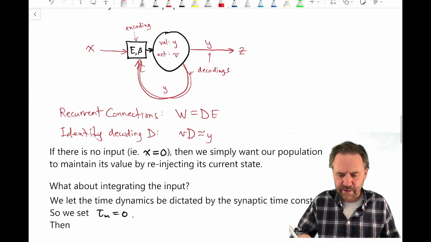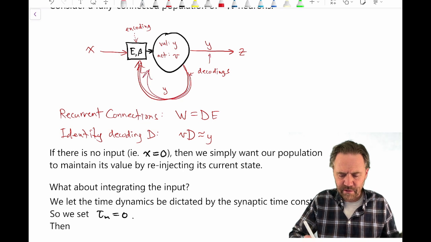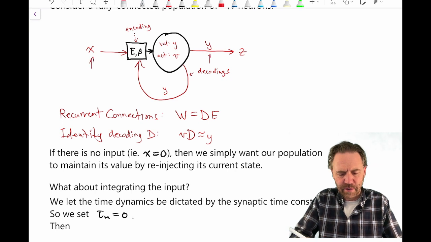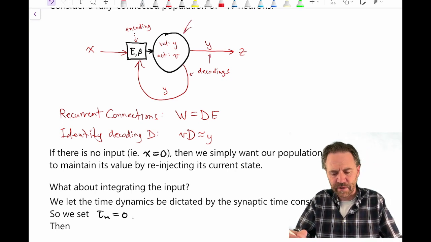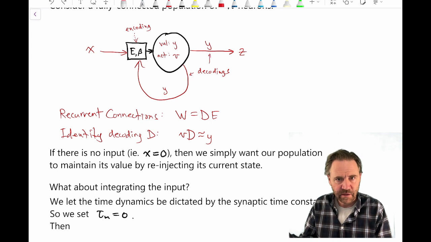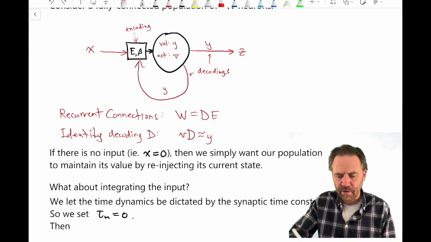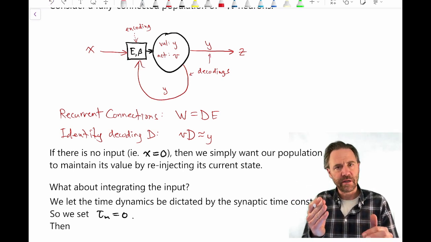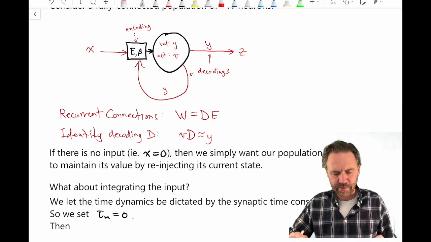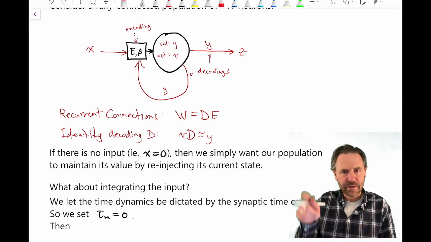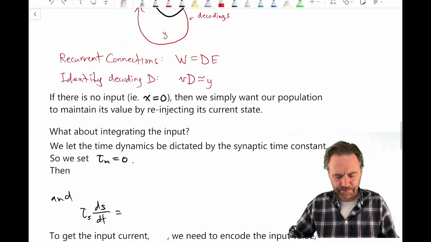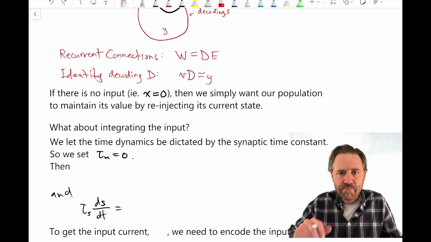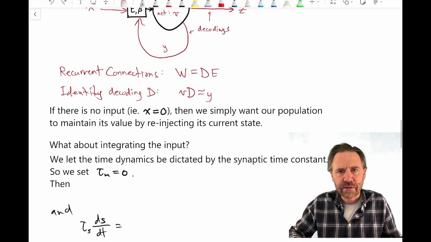Because if you don't do this loop here, then as soon as you turn the input off, this population is going to encode 0, and that's not very interesting. So for it to be an integrator, we have to have this recurrent connection re-injecting its current value into the population, so that even when the input goes to 0, the population still keeps re-encoding its own value. So that's what that recurrent connection does.